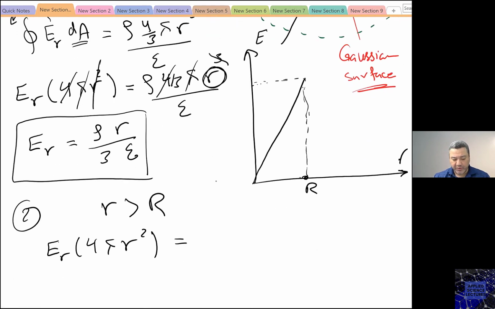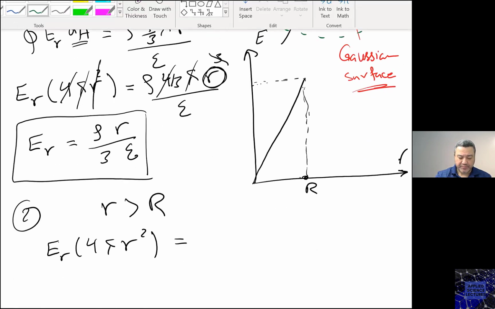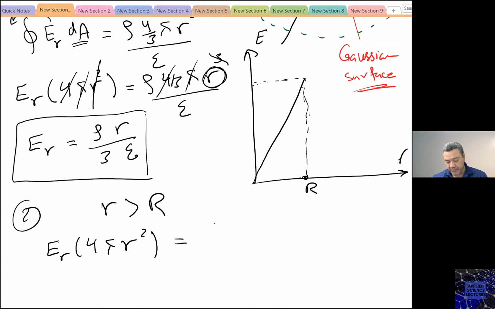So my Q enclosed here is rho times 4 over 3 pi r cubed. Why did I take the capital R here?